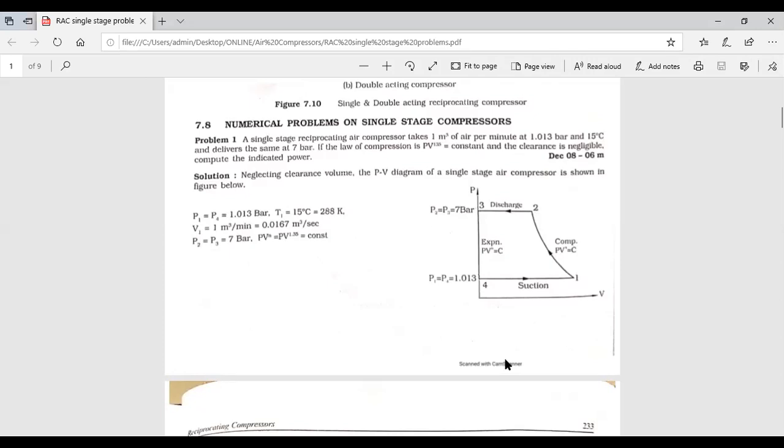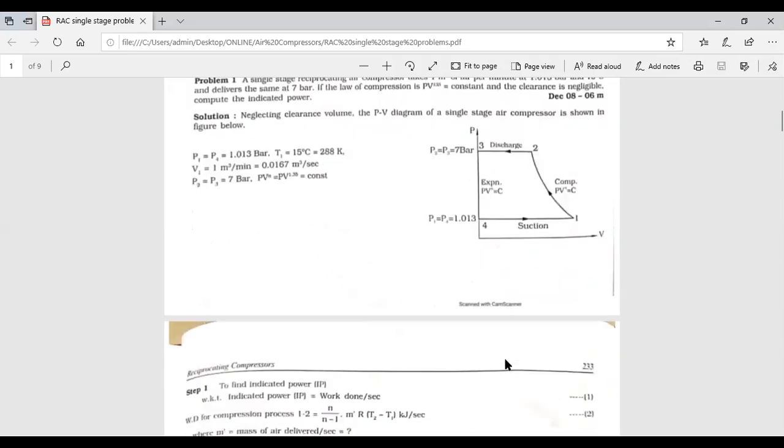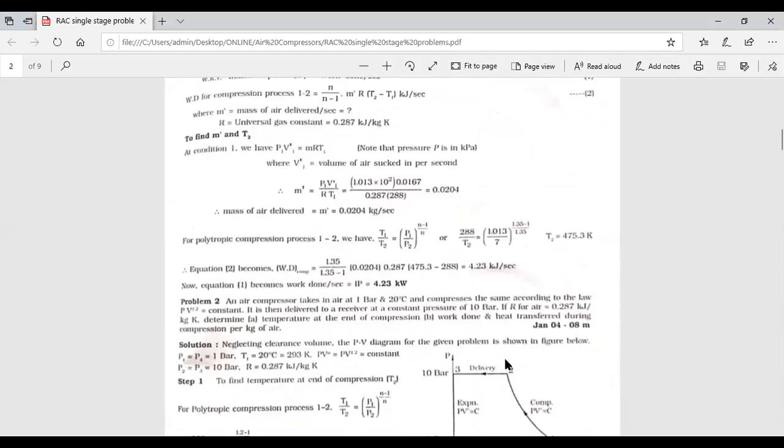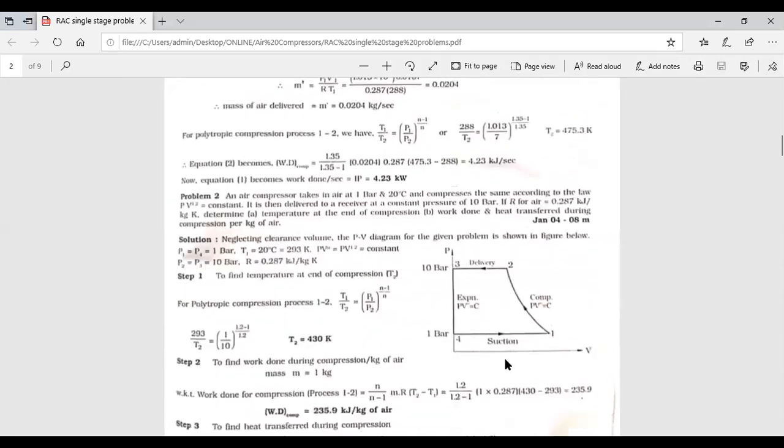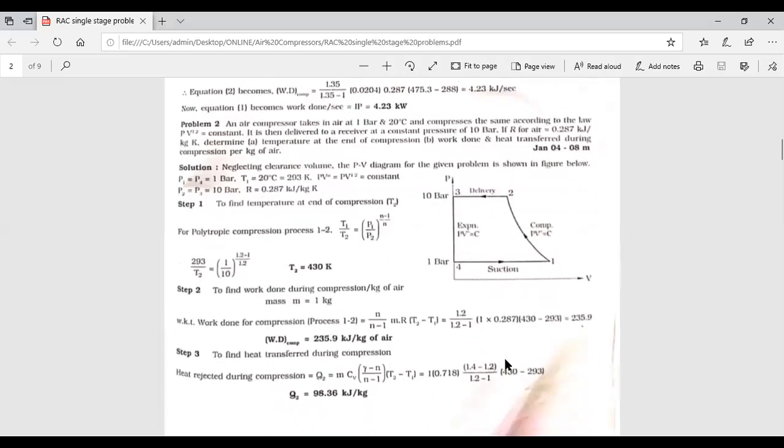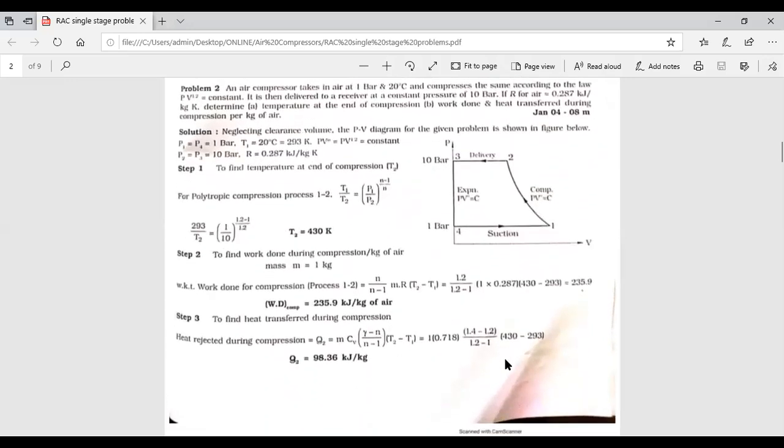I'll go through another problem. This is problem number 2. Before solving, analyze the given data.